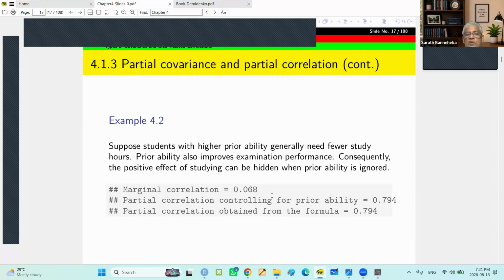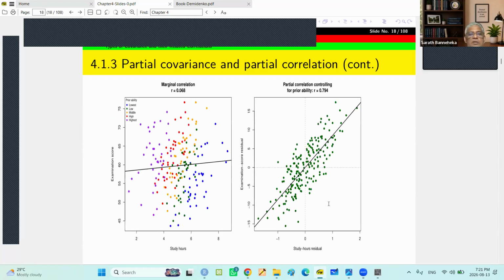Partial correlation controlling for prior ability is 0.794. So this is an example opposite to the previous situation. In the previous situation, the marginal one was larger and the partial one was smaller. In this case, marginal correlation is smaller and partial correlation is larger. That is possible. Let's see how that has happened by looking at the graph in this case, right?